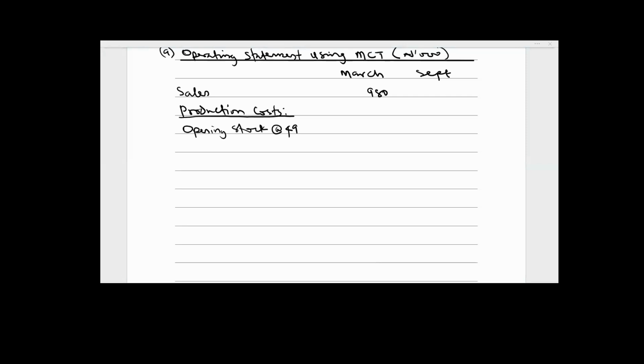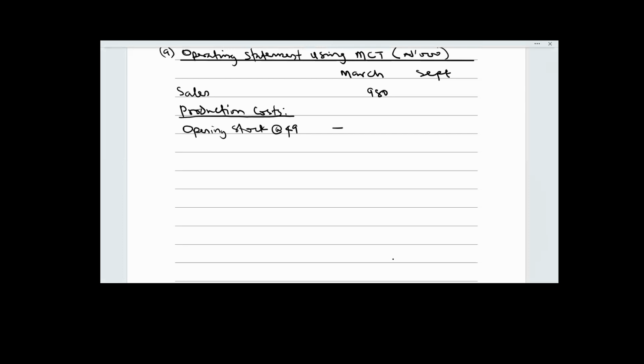Go to the question and pick opening stock in units. You can see in this question, we are not given any opening stock for the period ending March. So that one will be zero. Just put a dash here.